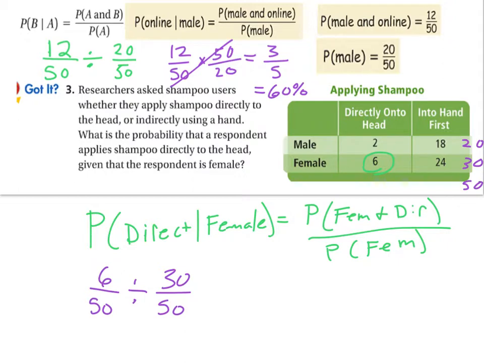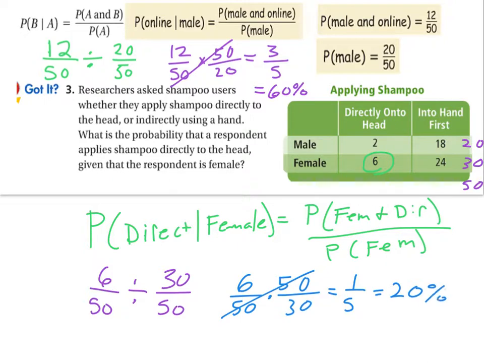And again, this works out very nicely because we just multiply by the reciprocal, 50 over 30. So again, that's a multiplication. The 50s cancel out. We get 6 over 30, which does reduce by a factor of 6. So that's 1/5 or 20%. It's kind of a silly question, but the probability that shampoo is applied directly, given that the shampooer is female, is 20%.